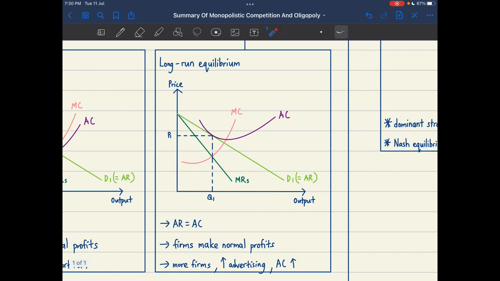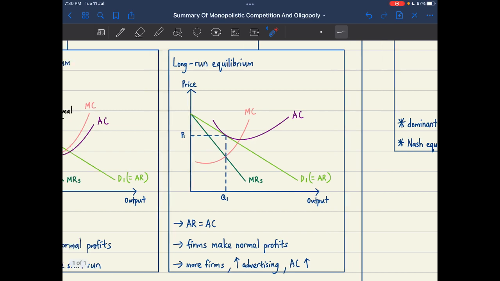In the long run, however, because there are many firms, in order to increase sales of your products or to increase brand loyalty, you end up having to spend more on advertisements. This will result in your average cost increasing.